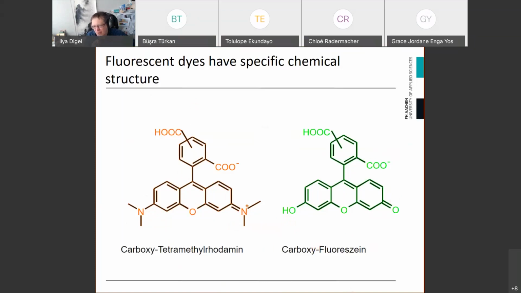Okay, now the only thing that is left to us to discuss is the main components and the procedure in laser scanning fluorescence microscopy. So just the main components and the main principle of operation.